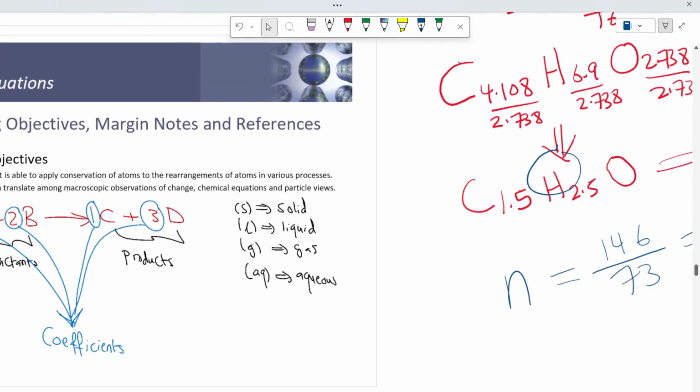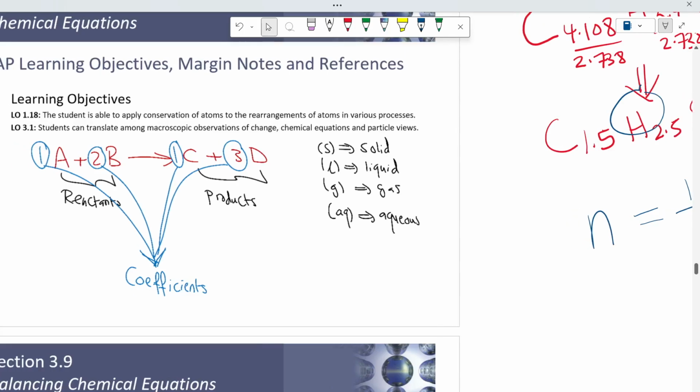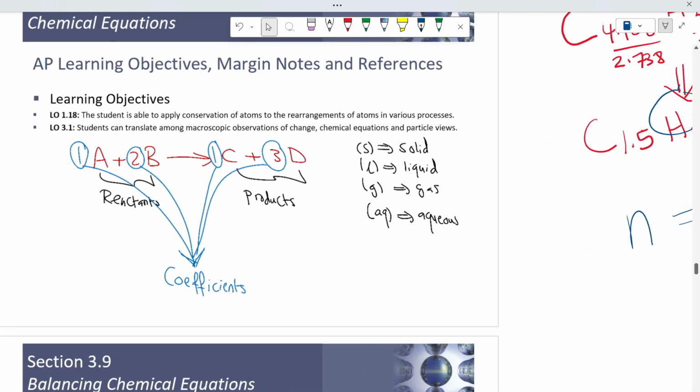Now the next topic in this chapter is balancing chemical equations. How to balance chemical equations. As you know, chemical equations represent chemical reactions. Here we have a representative equation: 1A plus 2B produce 1C and 3D.